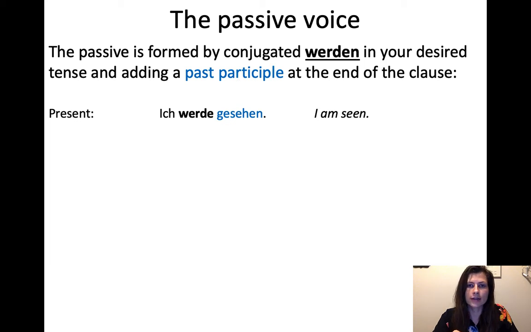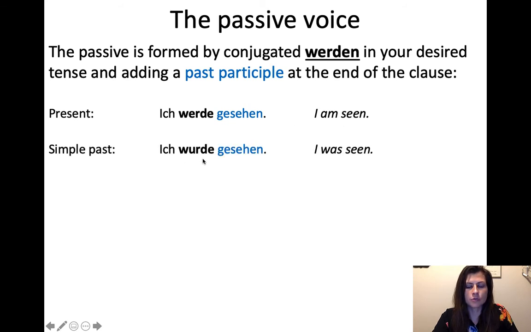So they both use werden, but you'll know which one it is based on whether you got an infinitive after it or a past participle after it. So what we have here is ich werde gesehen, which is passive, I am seen. But imagine if it were ich werde sehen, just sehen right here, that would be I will see, infinitive. So, ich werde gesehen, I am seen, in the present. Ich wurde gesehen, I was seen.